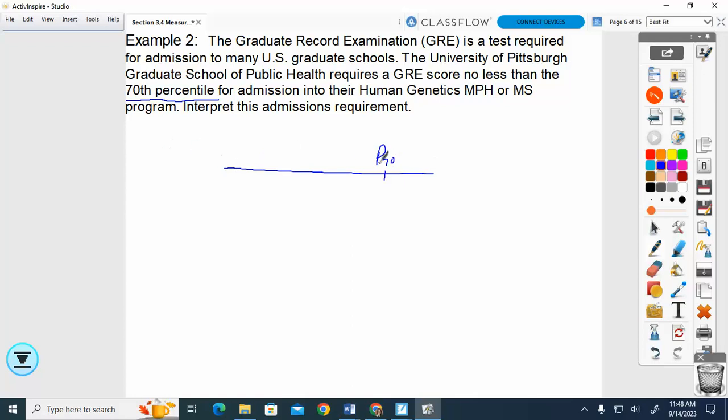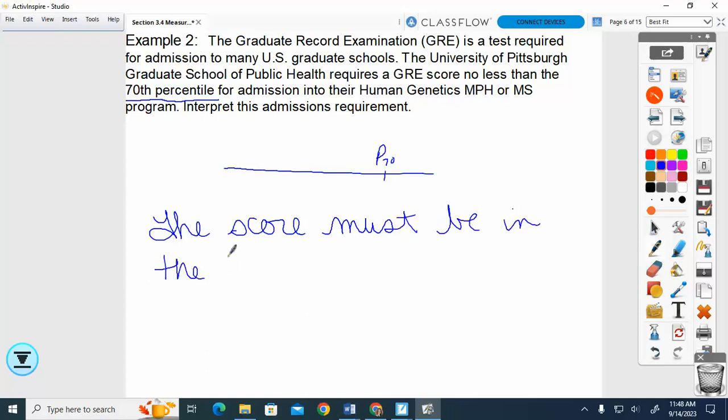All of these people don't. These people do. So it means that the score has to be in the top 30% for admission.